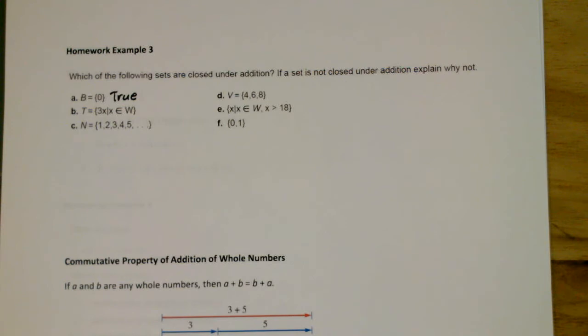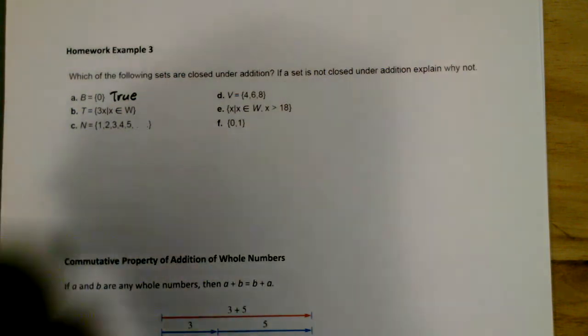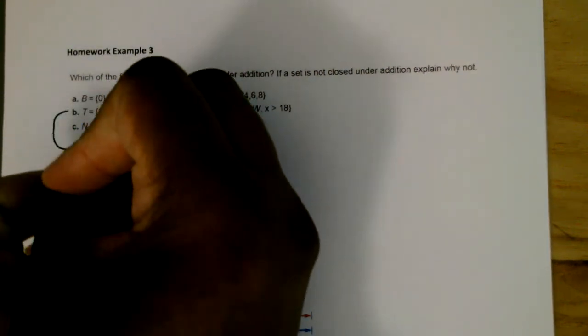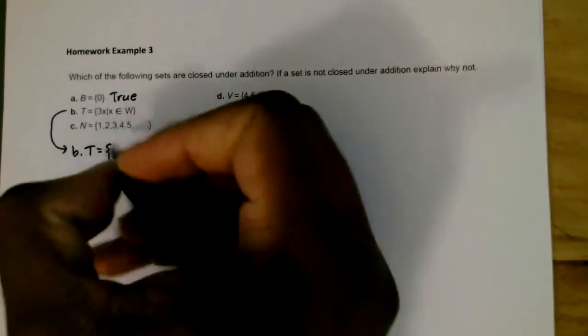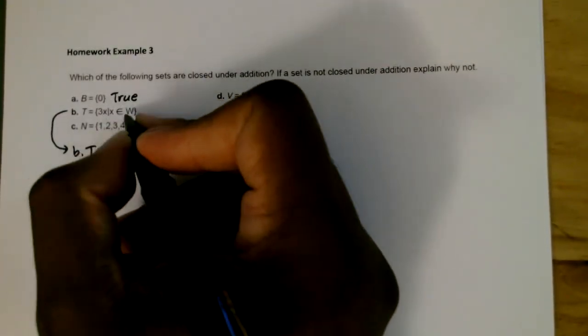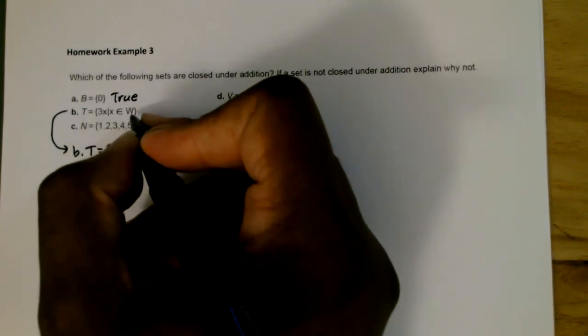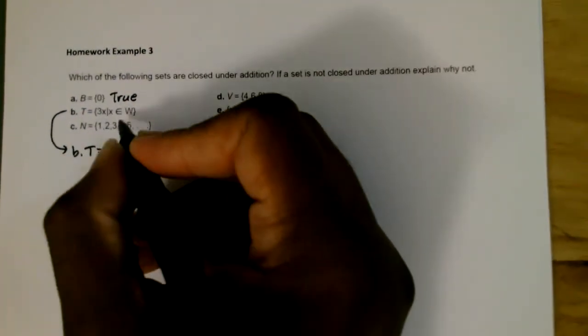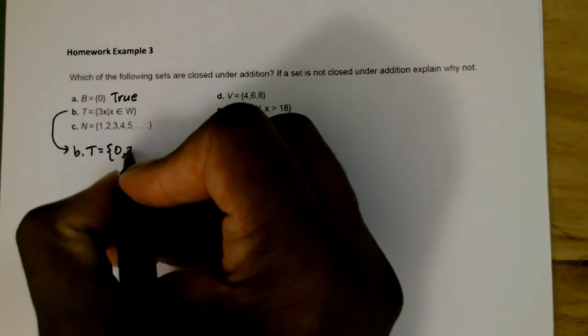And then for part B, the set of all t is going to be equal to the set of all 3 times x, such that x is an element of the whole numbers. Now in this case, if I write it a different way, 3x and x is a whole number. That means whole numbers start with 0, and then 3 times 0 is 0. Then 1, 3 times 1 would be 3.